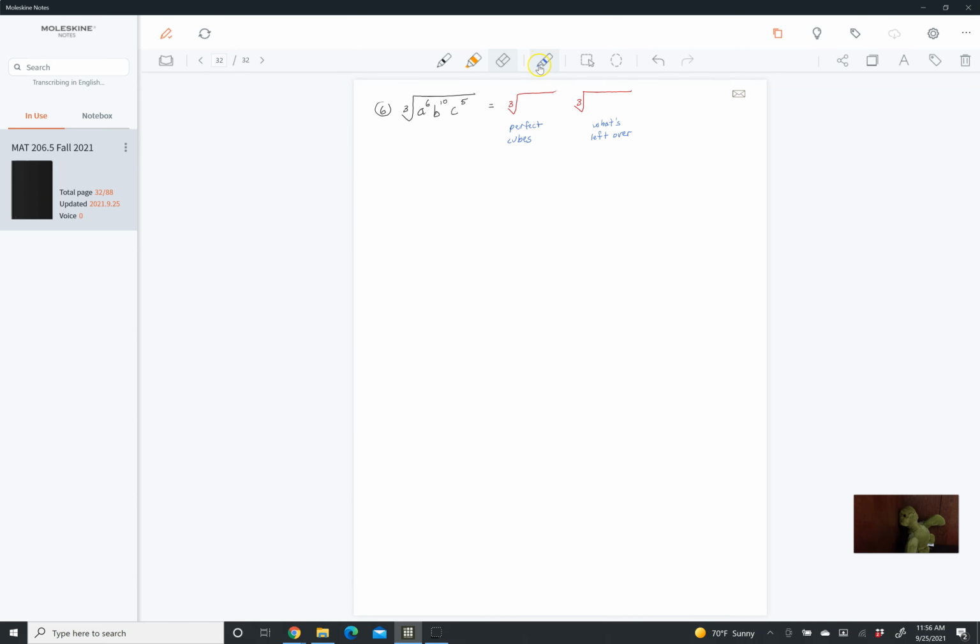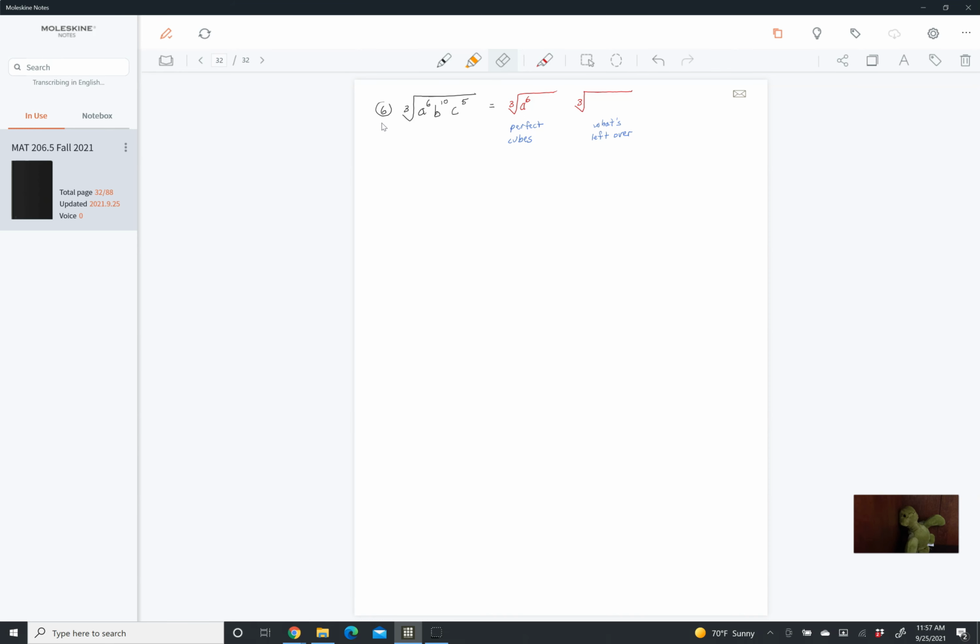Okay, so let's start with the a. So remember, you're looking at the exponent and you're saying, what's the greatest number less than or equal to 6 that is divisible by 3? So start with 6. Is 6 divisible by 3? Yes. So that's it. The whole a to the 6th goes under here.